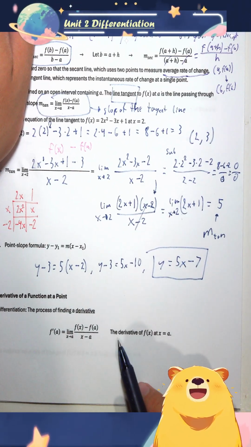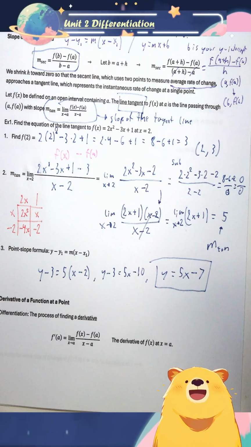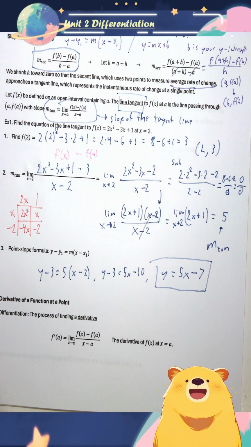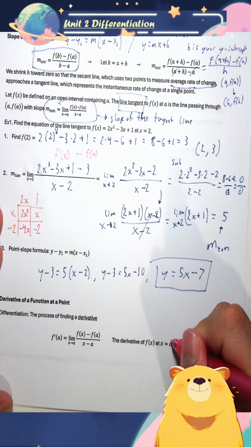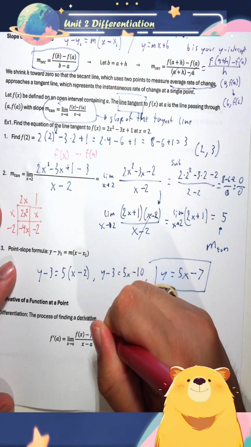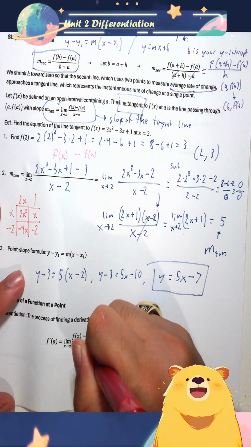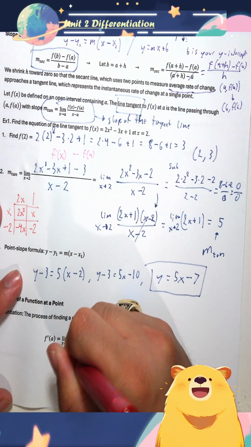This is the notation for the derivative of f of x at x equals a. Maybe this is obvious, but I'm still going to write it just in case. The a comes from here, and it's going to be used here, here, and here.